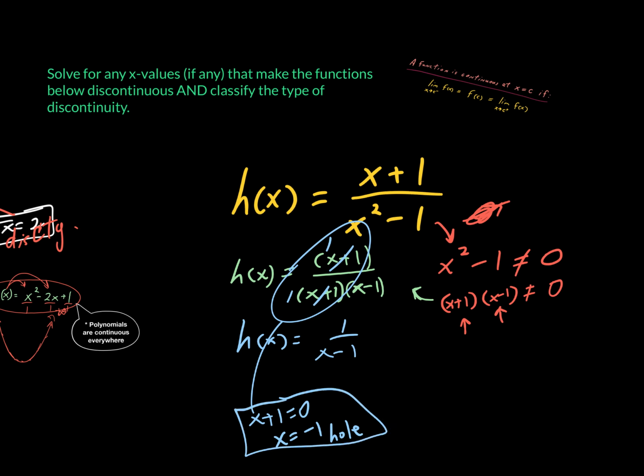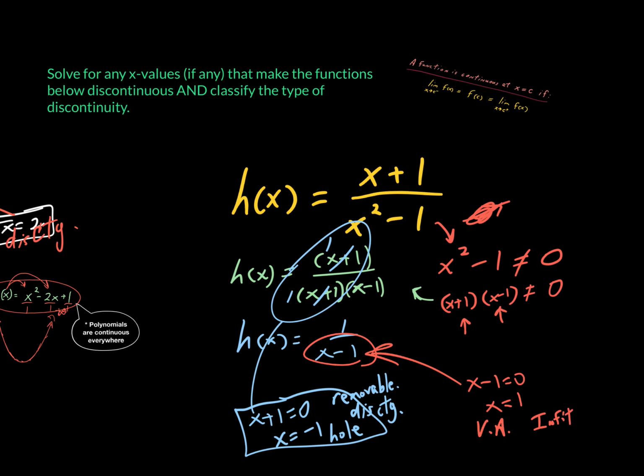When you have a hole, that is known as removable discontinuity. Refer to one of my earlier videos. And for the other one, we cannot get rid of that problem, so no matter what, x equals 1 is a problem. There's a vertical asymptote there, which means we have infinite discontinuity.